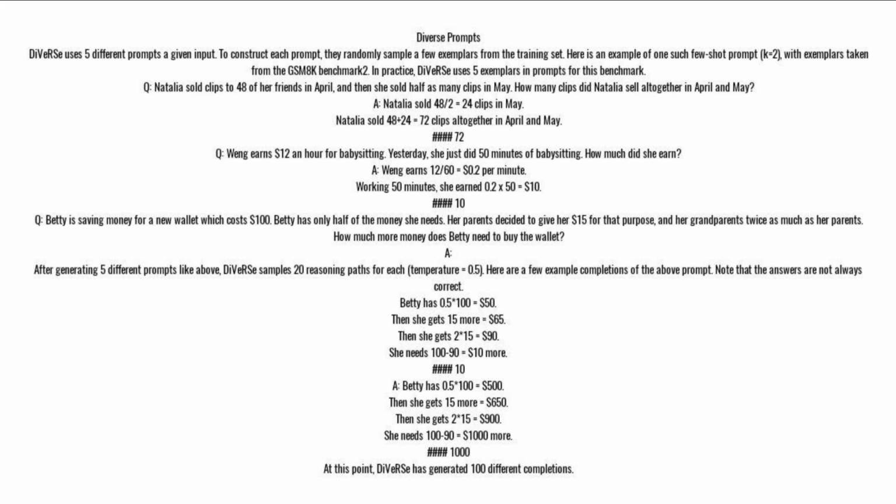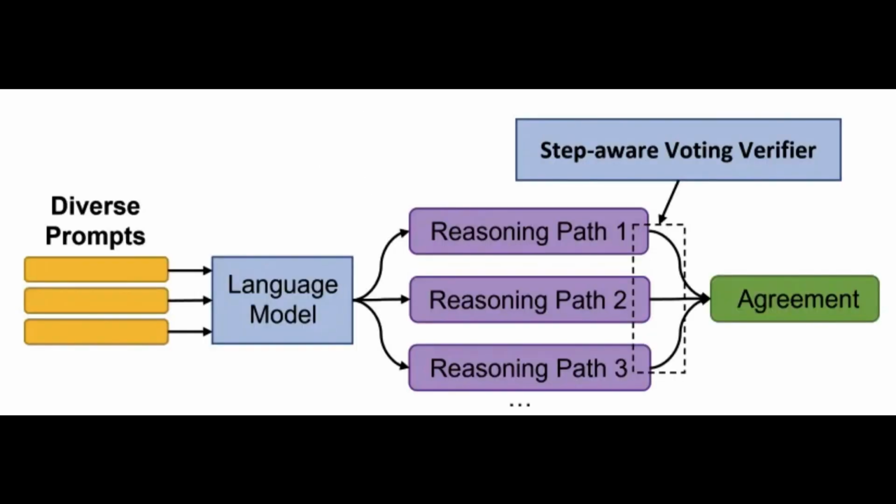A. Betty has 0.5 times 100 is equal to $500. Then she gets 15 more equals $650. Then she gets 2 times 15 is equal to $900. She needs 100 minus 90 equals $1,000 more. #### 1000. At this point, DiVeRSe has generated 100 different completions.